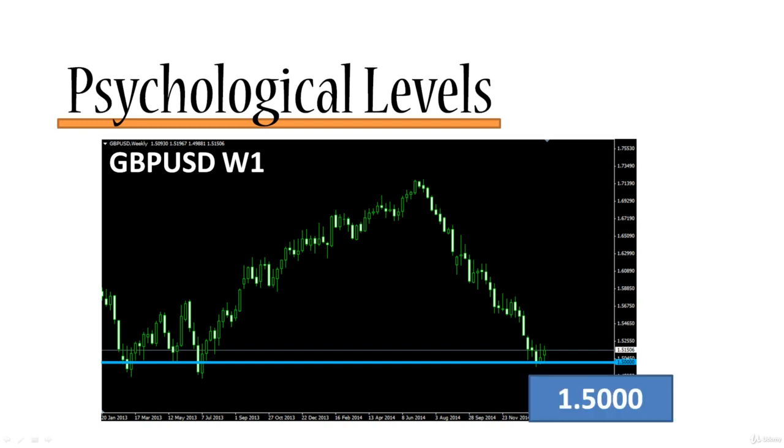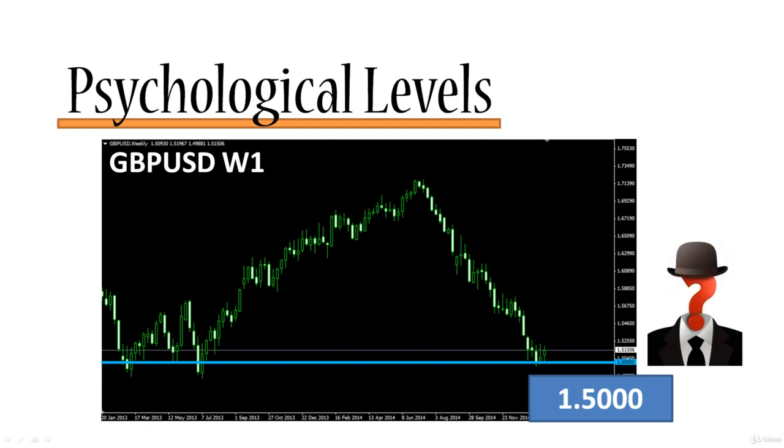It's 1.5000. Let's have a look here closer. As we discussed, traders don't know what's going to happen, and these round numbers play with their heads. They're anticipating some sort of reaction or action on the market, and generally the price goes into consolidation for a certain period of time.